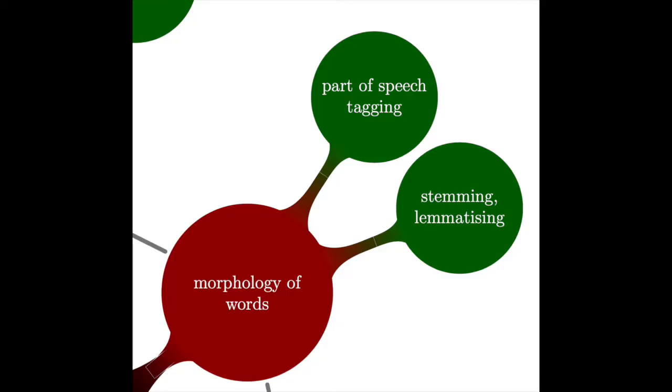The next subfield deals with the morphology of words. Here, we can classify words by their word class by assigning each word its own word class label. By doing this, we can differentiate between nouns, adjectives, verbs, and so on and so forth, because they carry different kinds of information and express different grammatical categories.